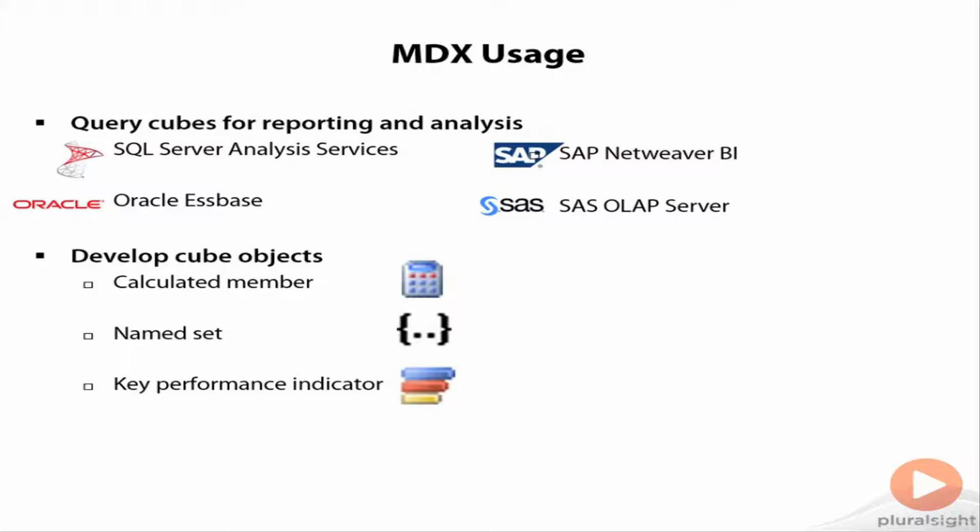Each KPI is really a collection of expressions that we use to show how well a value compares to a goal at a point in time. We can show the raw comparison or use a graphic to indicate good or bad performance, all through MDX expressions. Now, I explain how to work with calculated members, named sets, and KPIs in the Analysis Services Fundamentals course.